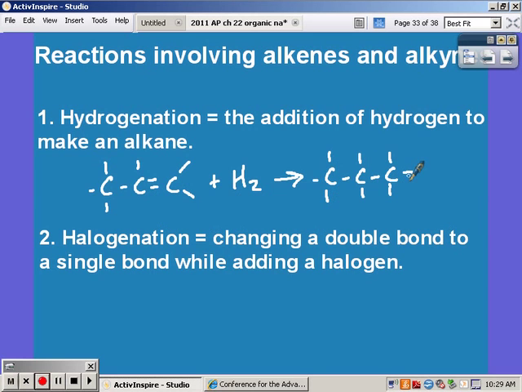Halogenation is just like hydrogenation, except instead of adding hydrogens, we're going to add halogens.